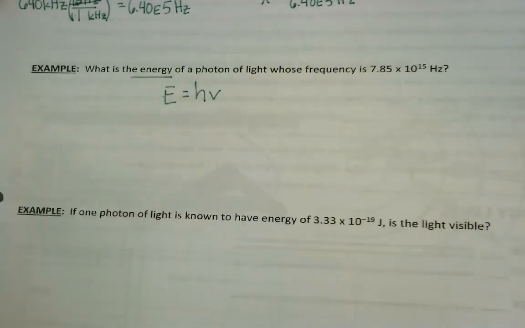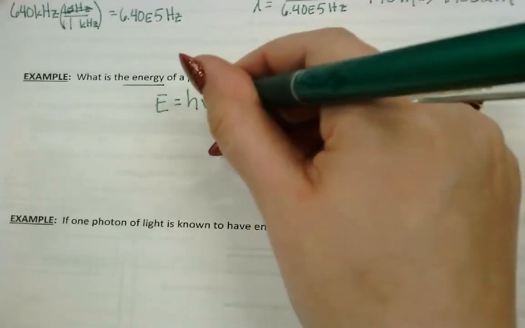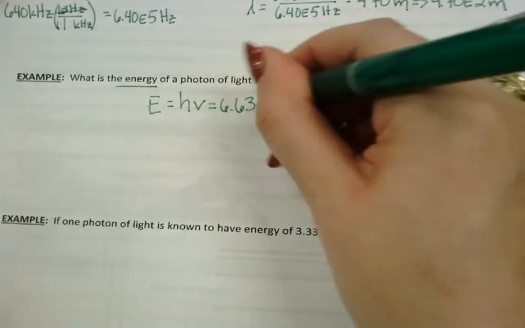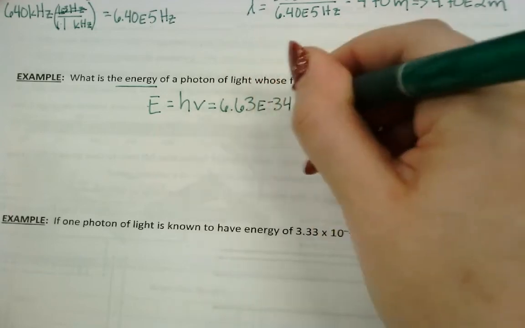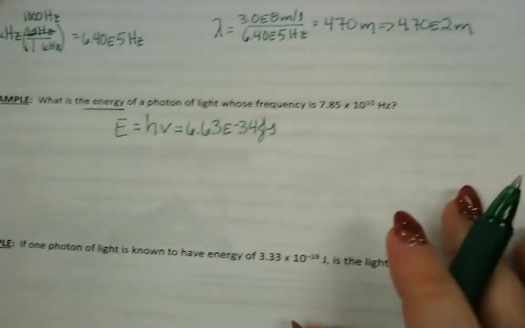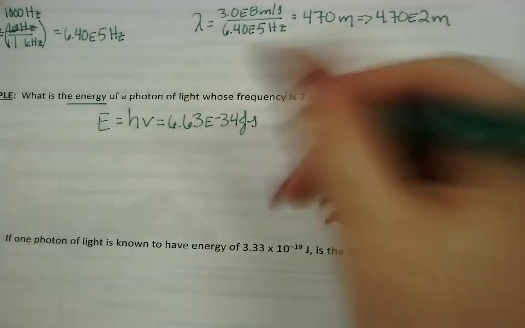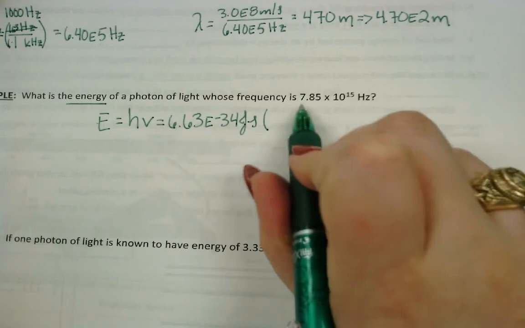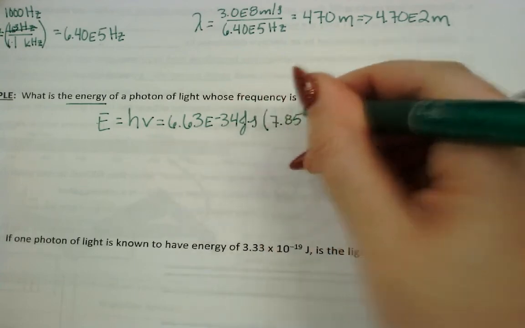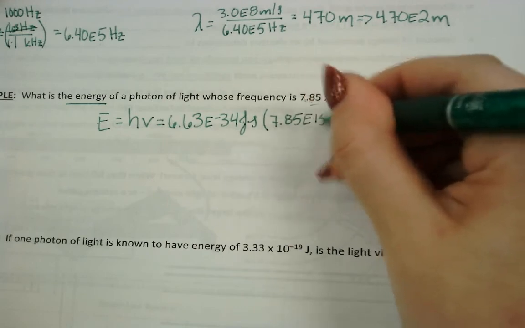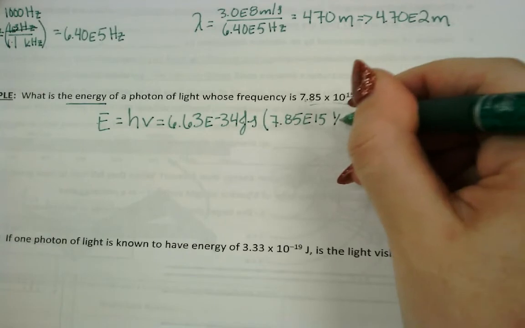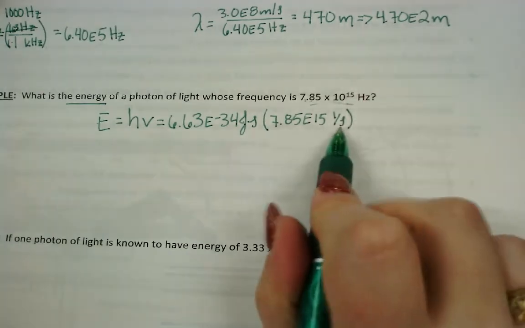So let's plug everything in. We get 6.63 times 10 to the negative 34, so that's my J. Don't be confused, that's just my J. Times frequency, which we were given here, hertz. But remember, hertz is also 1 over seconds.